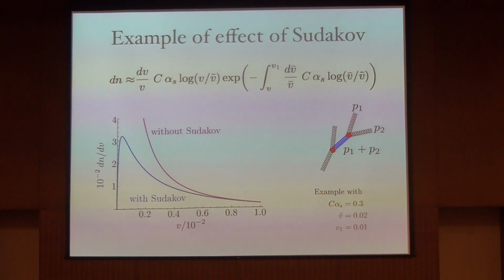So v tilde is comparable to v bar. V tilde is sort of comparable to v1, but it's something you calculate. It's when you do the splitting. I just abbreviated it as v tilde.